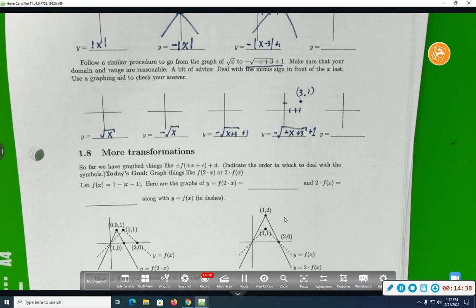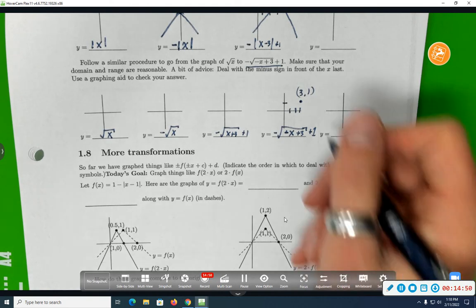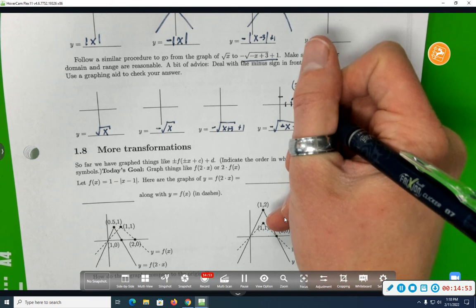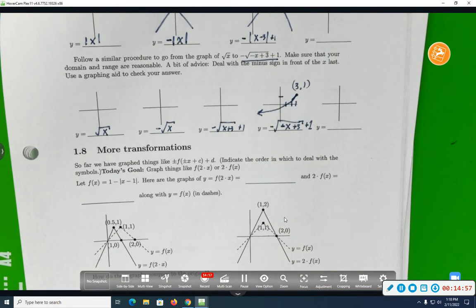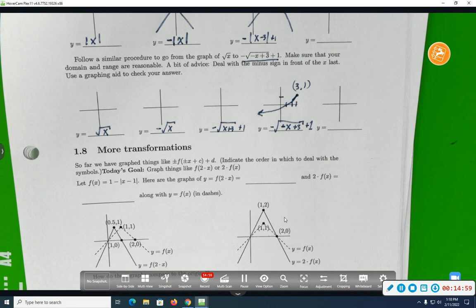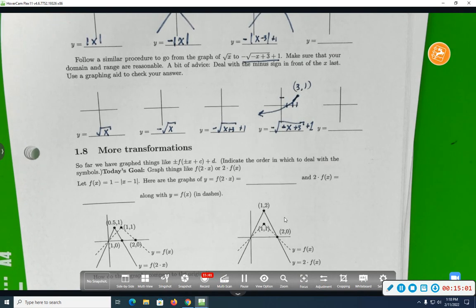Okay. And since it's square rooty, it either goes up right, up left, down right, or down left. So something like this. Cool. People feel pretty okay about this? Nice.